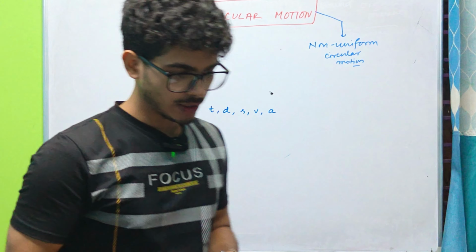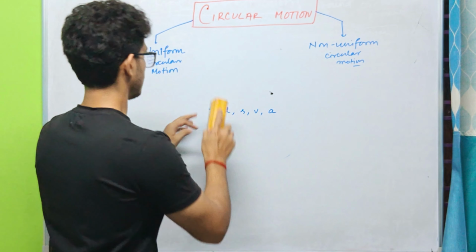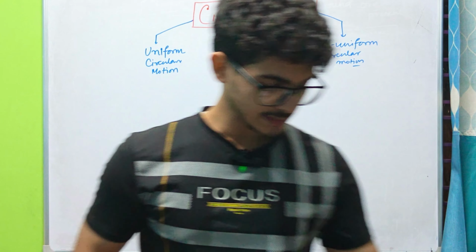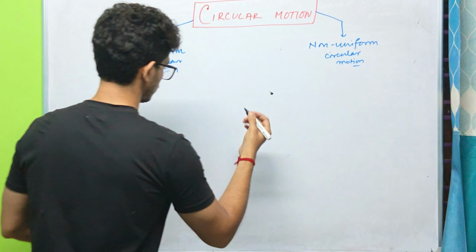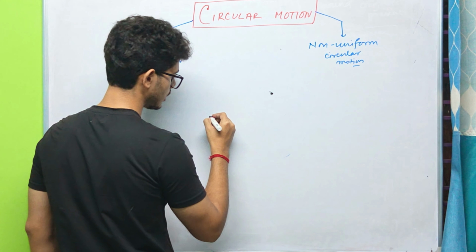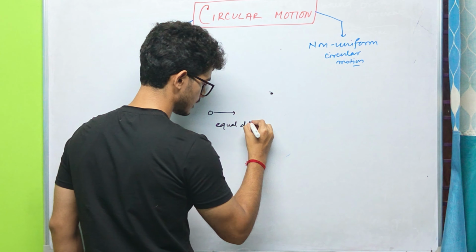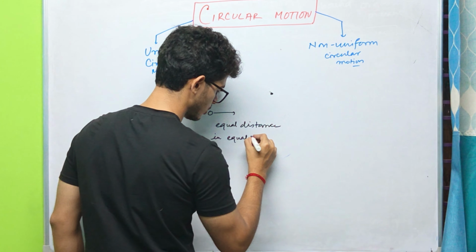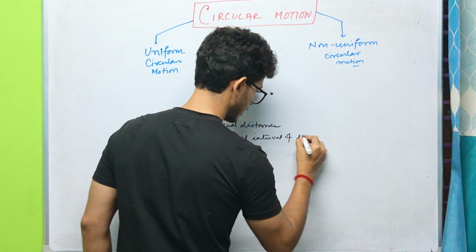So most of us already knew about what do you mean by uniform and non-uniform motion. What we have already known is that uniform motion is the motion in which the object travels equal distance in equal interval of time.